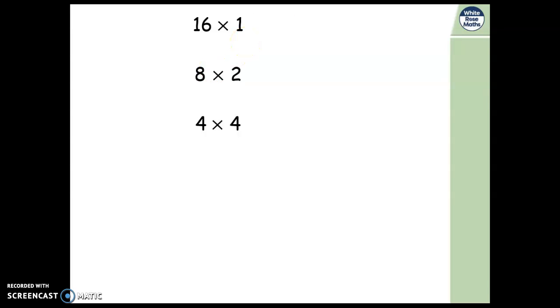Now, when looking at those sums that we've just looked at, if we put them in order, the first one we looked at was 16 times 1, or 1 times 16. To give you 2 groups, we chopped the number in half.